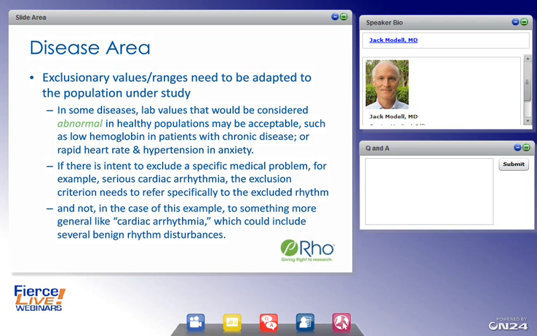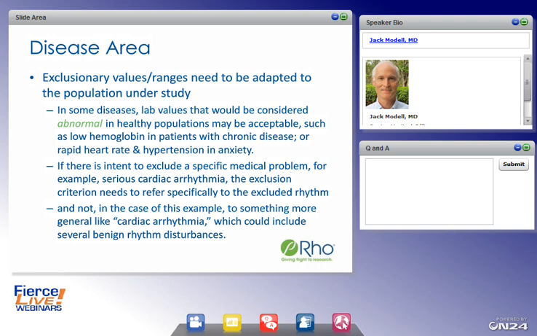So if your goal is to exclude a specific medical problem, for example, a serious cardiac arrhythmia, then that's what the criteria should say, to the best that you can, not just any cardiac abnormality. If you say something like cardiac arrhythmia, to a lot of people that sounds terrible.